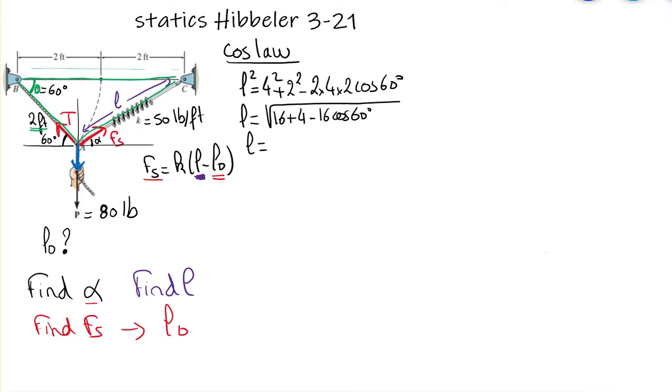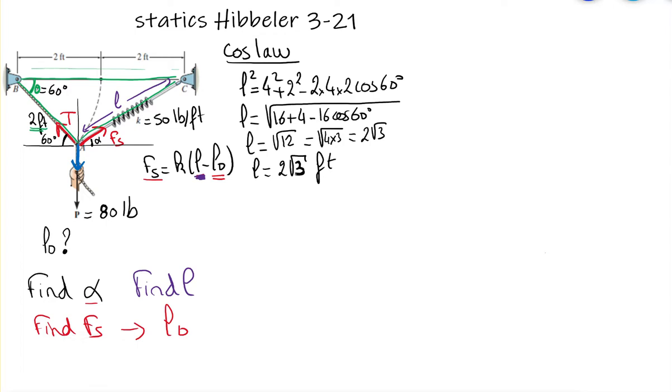So L is the square root of 20 minus 8, square root of 12. You can rewrite that as square root of 4 times 3, so it's equal to 2 square root of 3. I like to keep it this way. So L is equal to 2 square root of 3 feet. So now we know L.